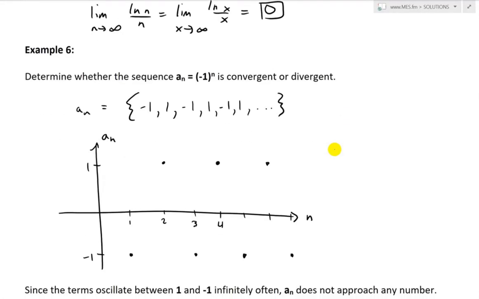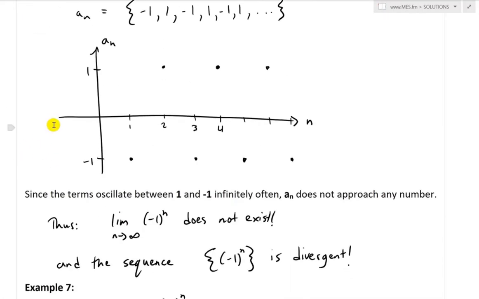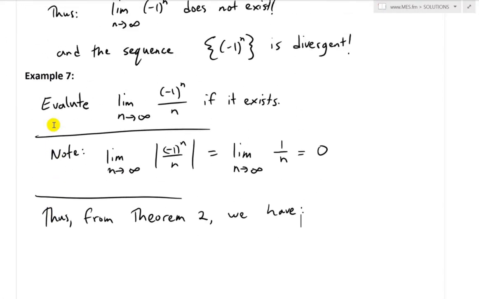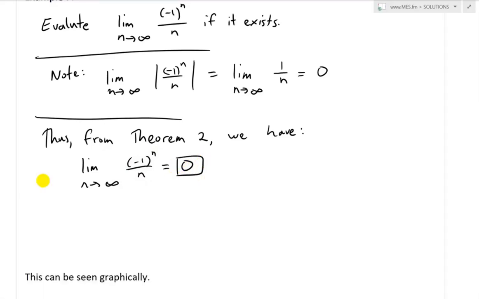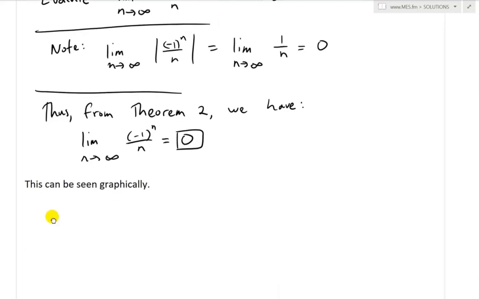So thus, let's scroll down here. The limit without the absolute value sign is also equal to 0. So the limit as n approaches infinity of negative 1 to the n over n is equal to 0. Very good use of the theorem, which again I'll prove at the end of this section, in exercise 2, I believe.